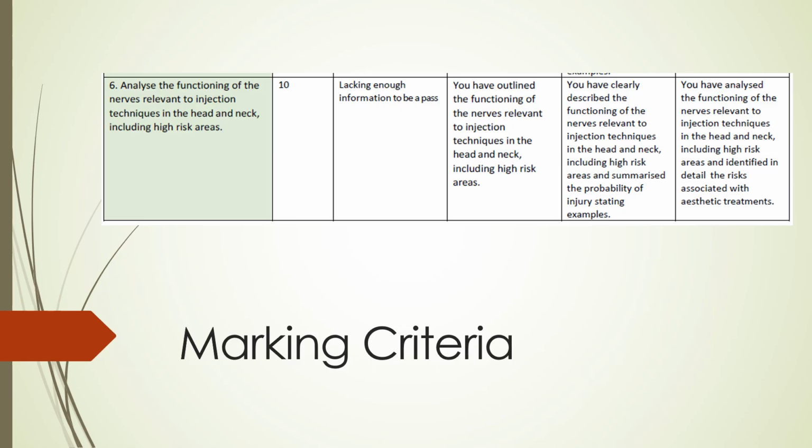Our marking criteria, again, if we look at this, so the lower levels, you've outlined the function of the nerves relevant to the injection technique. If you don't put in injection technique, it will be classed as lacking enough knowledge, and include your high risk areas. Your next one up, you've done all of what's been asked before, but you've described them with a bit more detail.